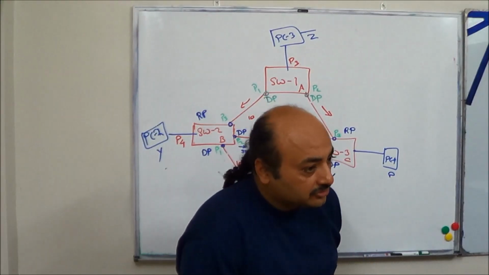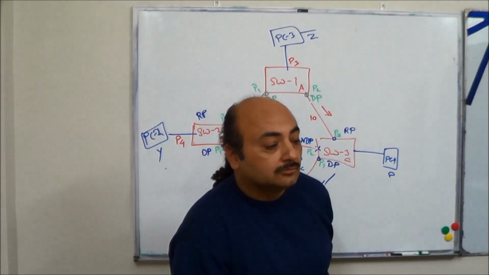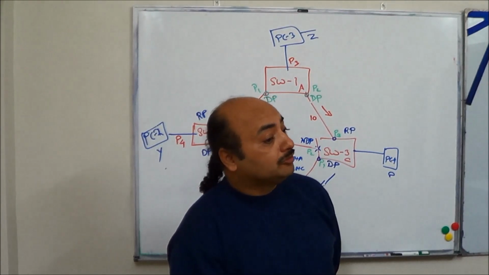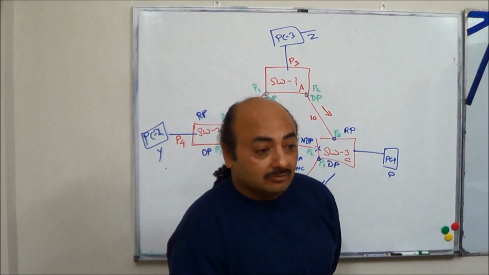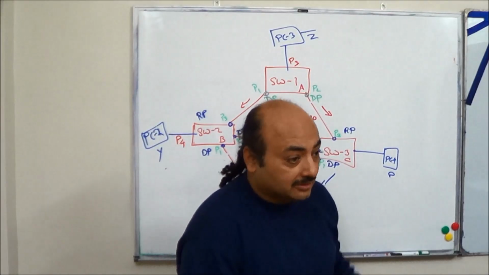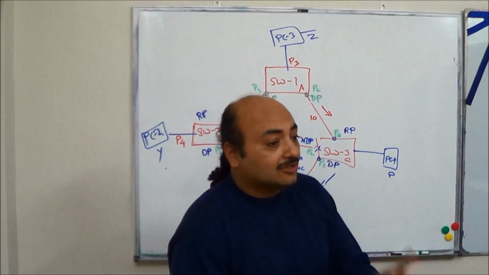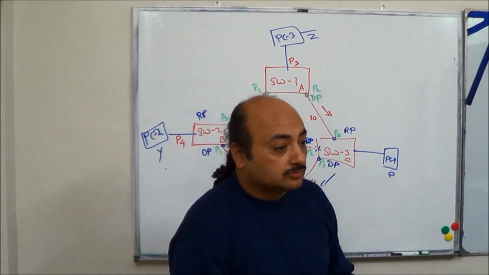Has the spanning tree converged? Yes, that means there is no loop. When the spanning tree has converged, some port will be in the NDP state, that means in blocking. That's where it has converged. So if somebody asks what you mean by spanning tree is converged, that means there are no loops.